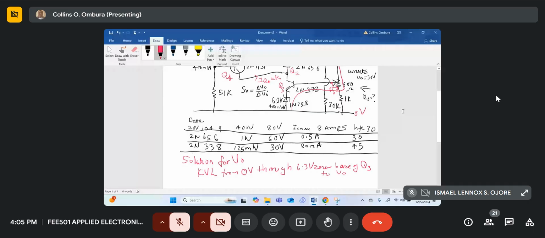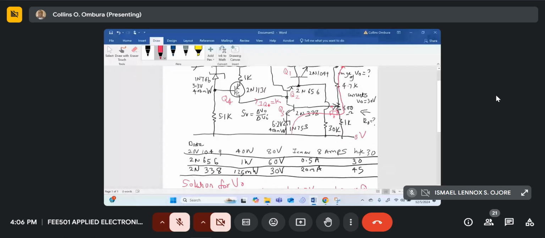That's the voltage of the Zener, plus VBE of Q3, plus the drop at the base, because the potentiometer initially will be at the 1K point, the top of the 1K point.